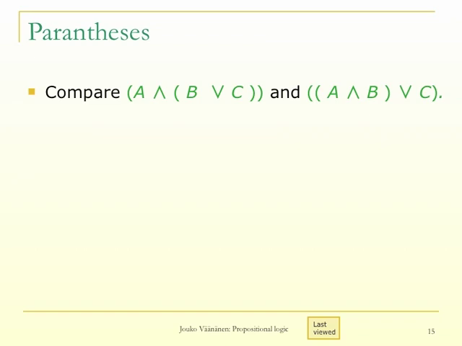The former is a conjunction, while the latter is a disjunction. For this reason, we have not allowed propositional formulas of the form A and B or C.